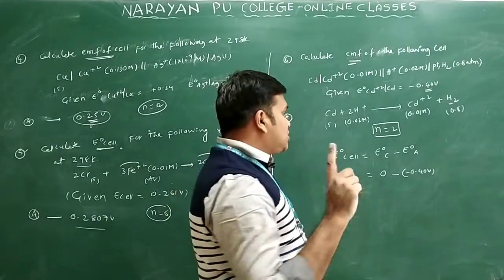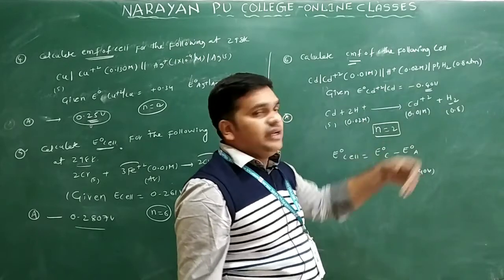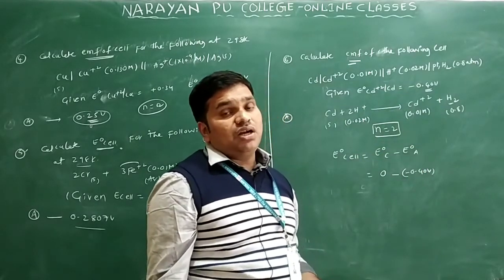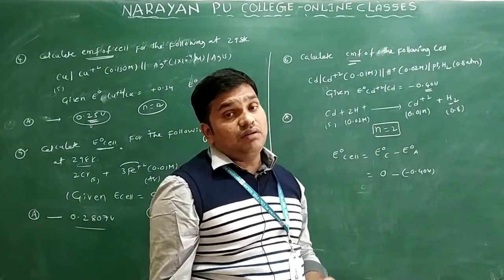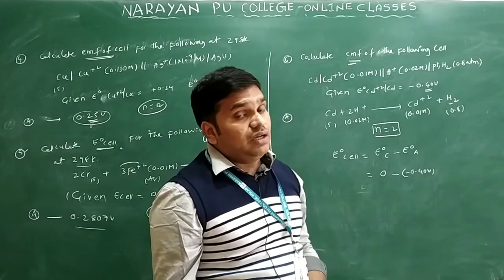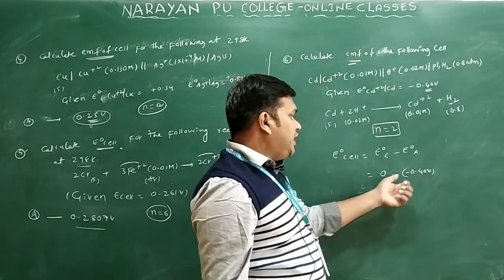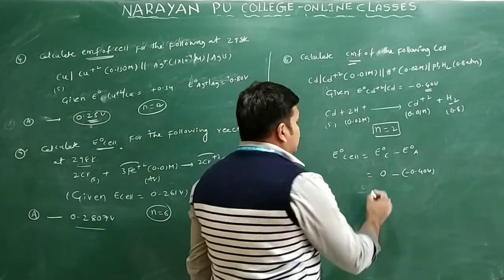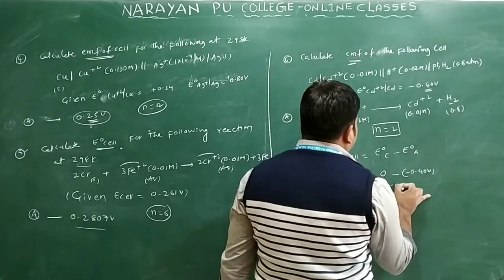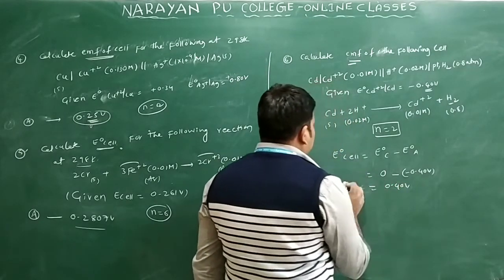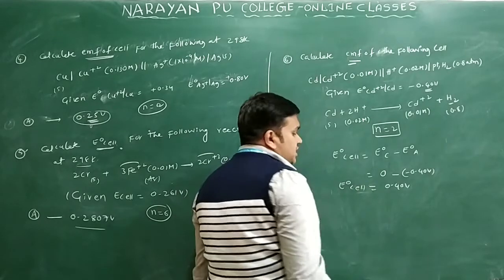Among 0 and a negative value, 0 is the highest. As already told, the cathode value is always the largest and the anode value always the smallest. So 0 minus of minus 0.40 gives 0.40 volt, a positive value. This is the E naught of the cell only.